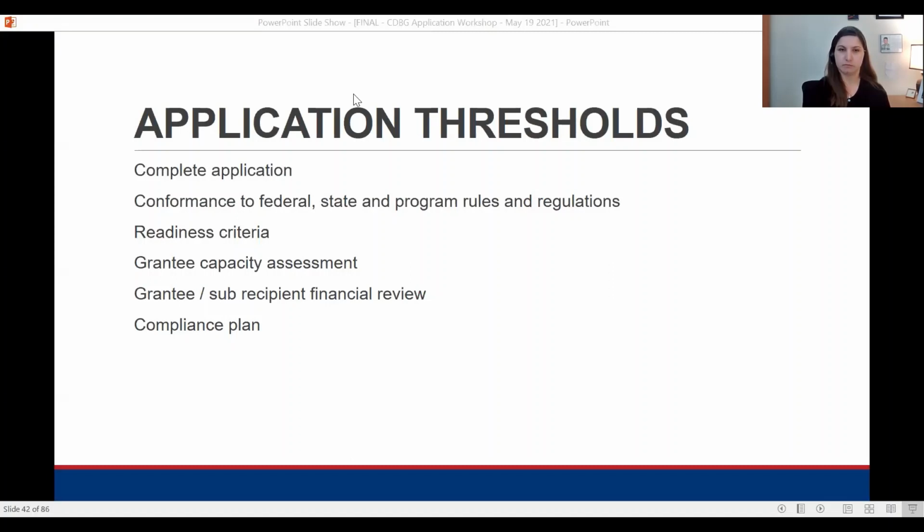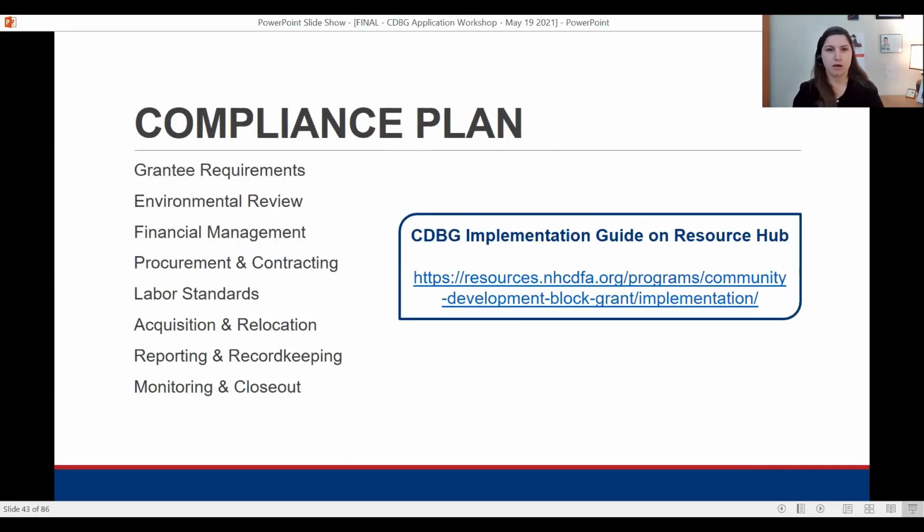Yep. And then, I think the last slide in this section is just on the compliance plan, and we just have a little more detail here about some of the key points that are in the compliance plan. How the grantee plans to address these key compliance topics should be included in this compliance plan that's submitted with the application.